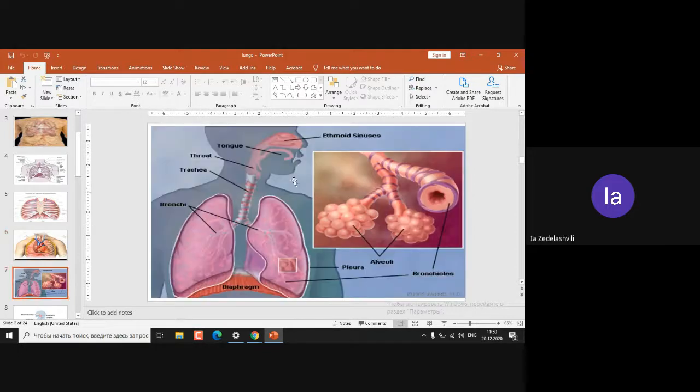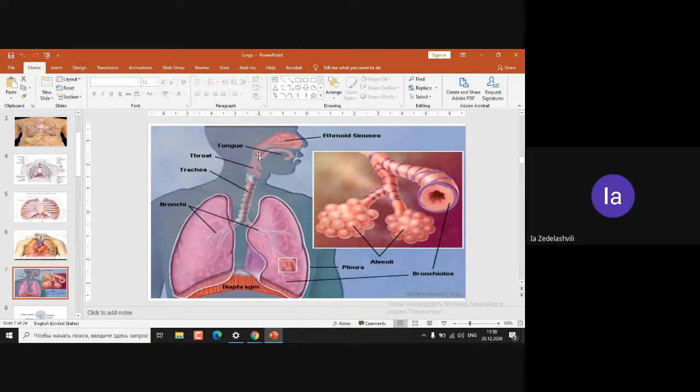So how it is, what I say, our respiratory system begins from the nose part, and the mouth as well. It is two pathways for the air.